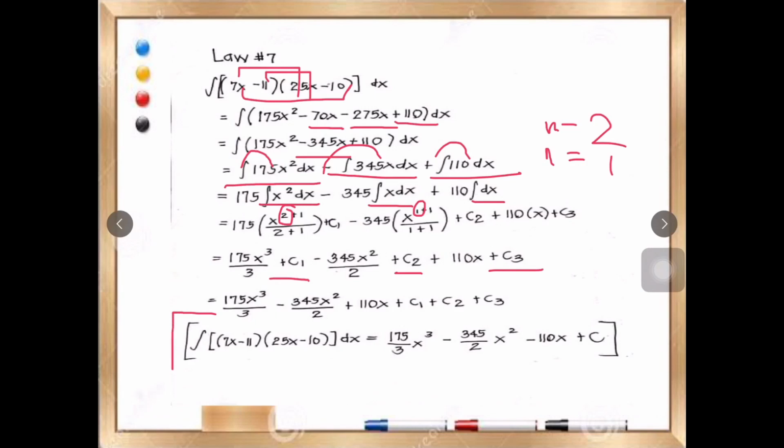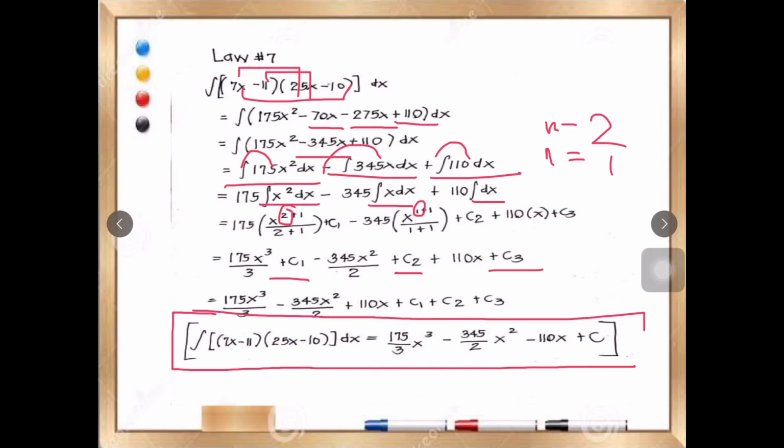So, by simplifying our given, we will get that the integral of 7x minus 11 times 25x minus 10 dx is equals to 175 over 3x to the third minus 345 over 2x squared plus 110x plus our arbitrary constant, C.